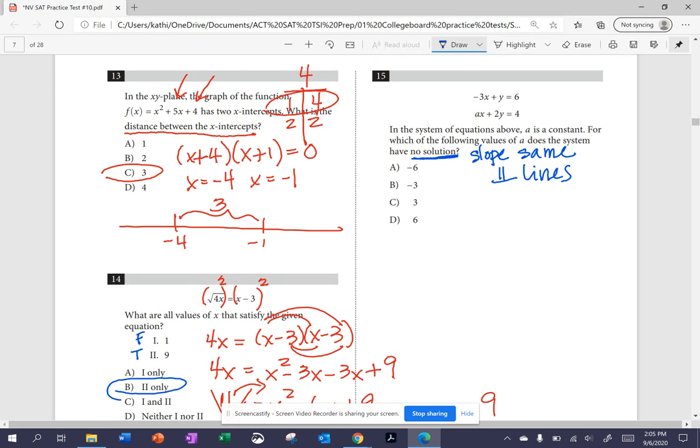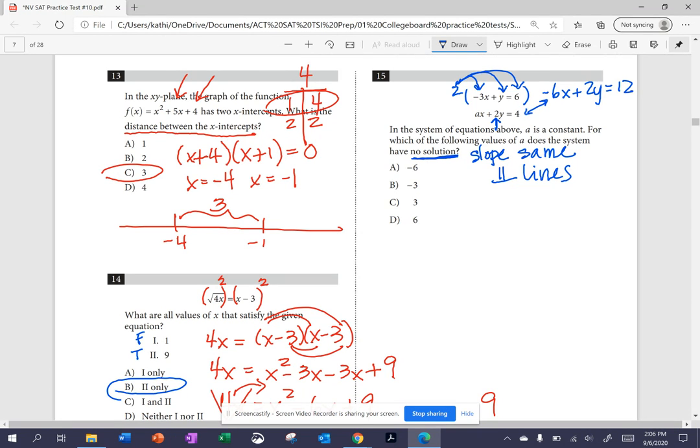So I want to set up the same ratio of x and y. I have 2y here and 1y here. So I'm going to multiply this equation times 2, every term. So minus 6x plus 2y equals 12.